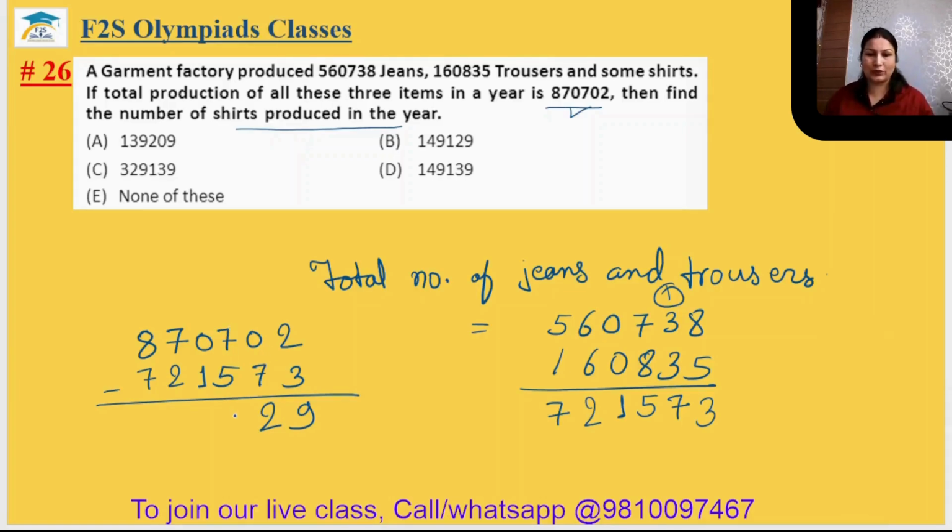Now this is 6. 6 minus 5, 1. 10 minus 1, 9. 6 minus 2, 4. 8 minus 7, 1. The answer should be 14,91,29. So the 26th answer is 14,91,29, option B. The 26th answer is B.